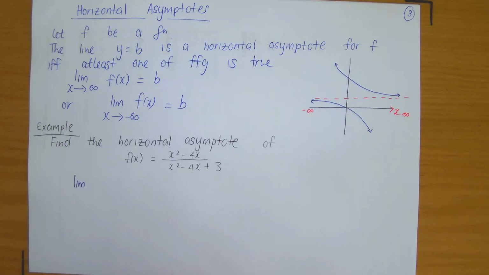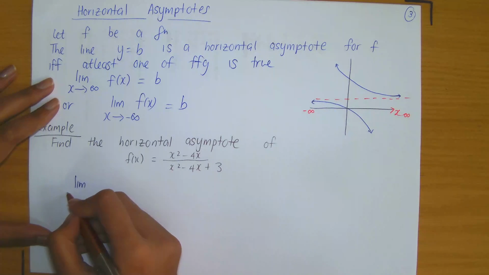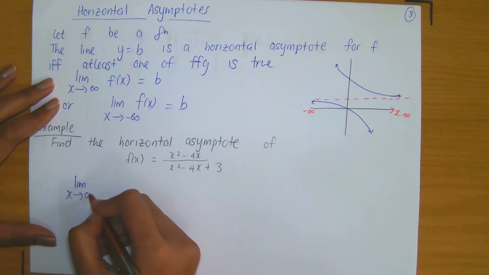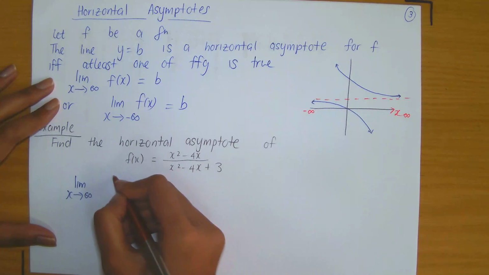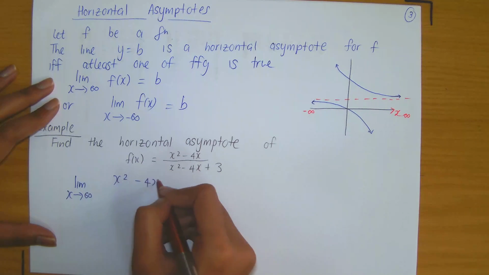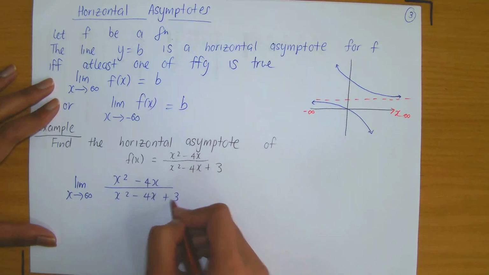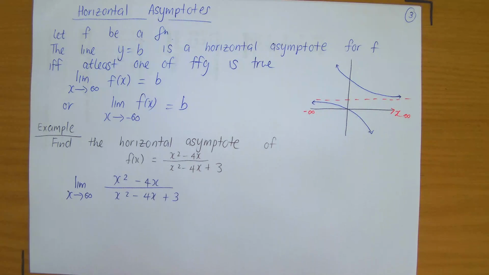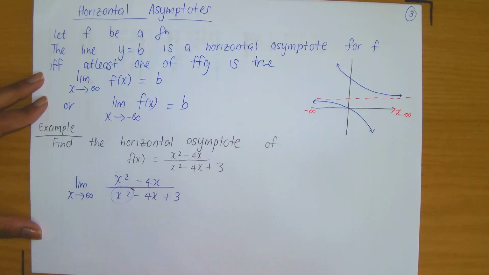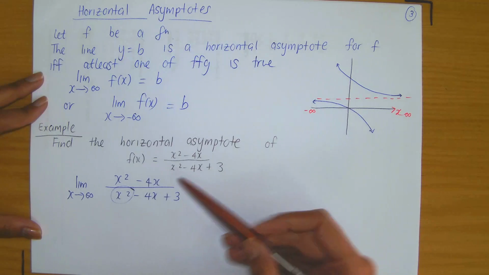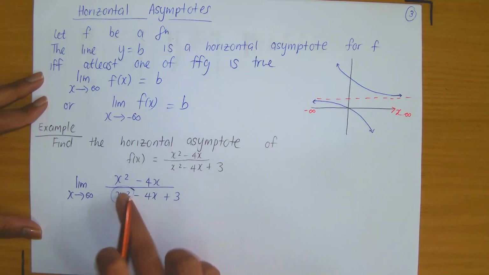So let's do it for the limit as x approaches positive infinity of that function, x squared minus 4x divided by x squared minus 4x plus 3. Remember our procedure for limits at infinity. All you have to do is find out what is the highest power in the denominator and then divide each term in this quotient by that power.